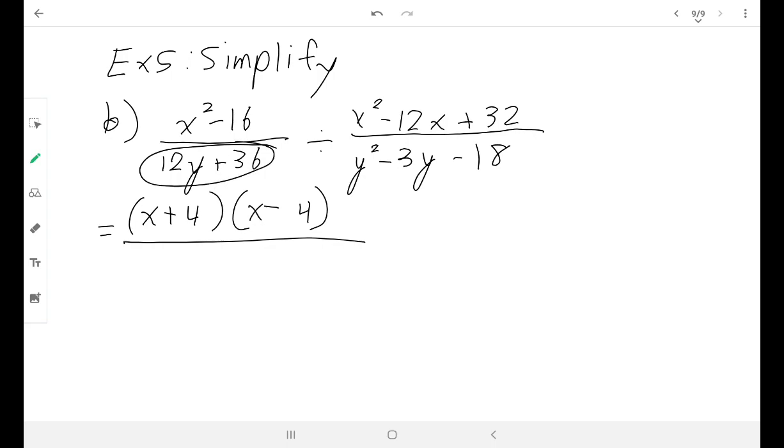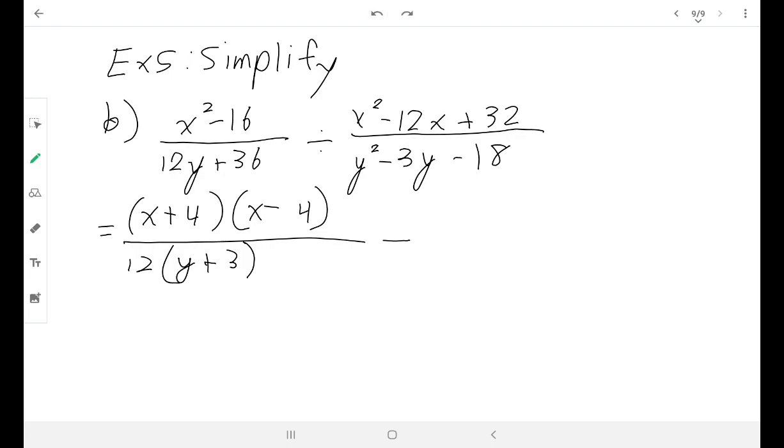In the bottom here, you might notice that there's a 12. Both of these numbers are divisible by 12. So let me factor that 12 to the front. And I would get 12 times quantity y plus 3, because that might help me a little bit later.